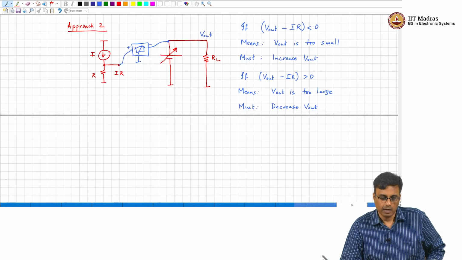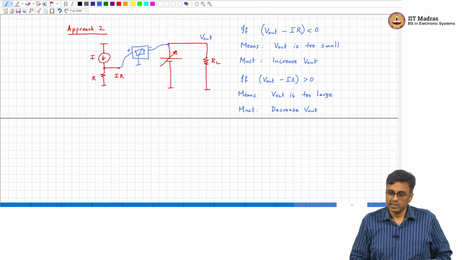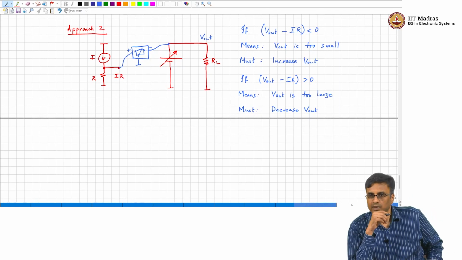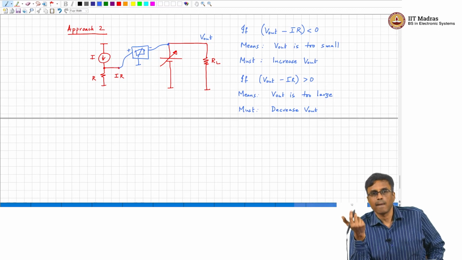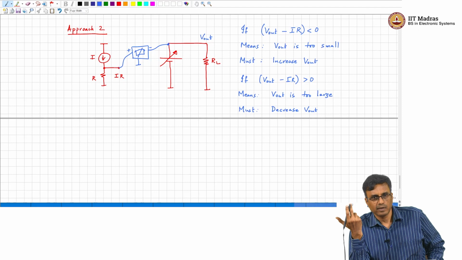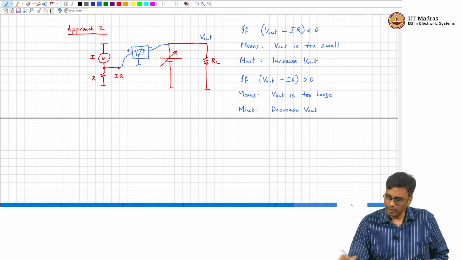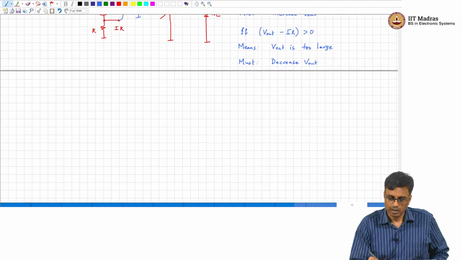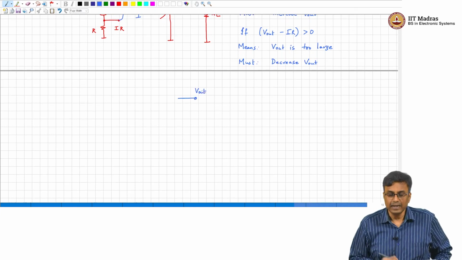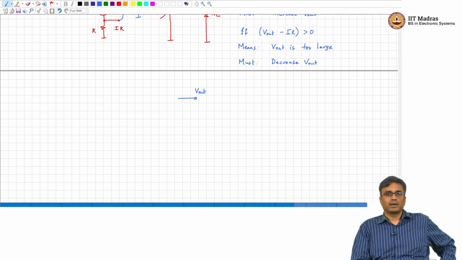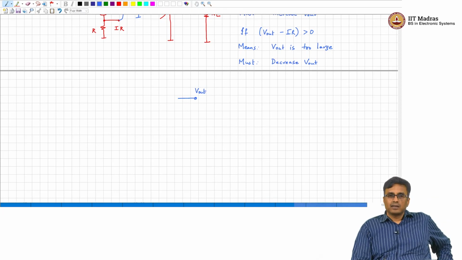And so in other words, we must compare V out minus I times R. So, we need to generate V out minus I times R, right, and compare it with 0. So, if I have some voltage V out, and I need to generate V out minus I times R, can you suggest some way of doing it?